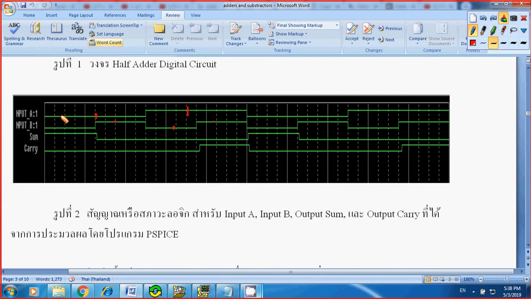You have inputs A and B to be 0 0 and then 0 1 and then 1 0 and then 1 1. Okay, and that's your output sum, and then this is your output carry.